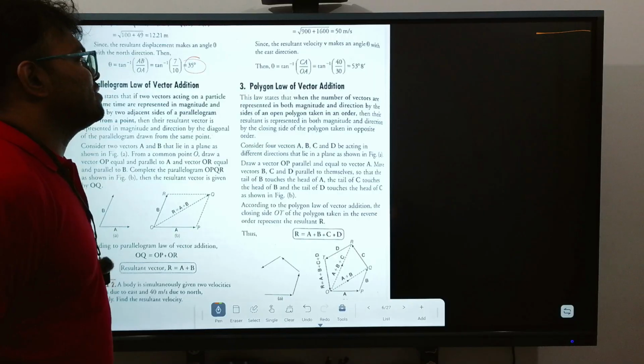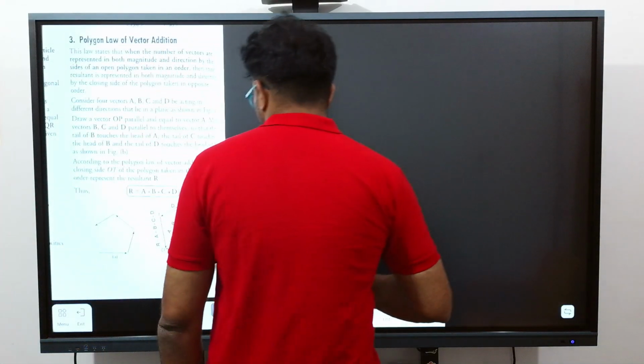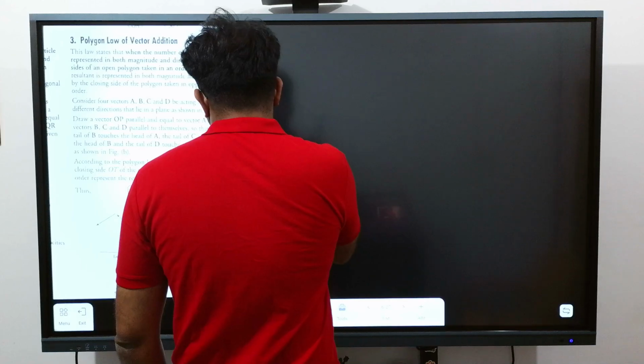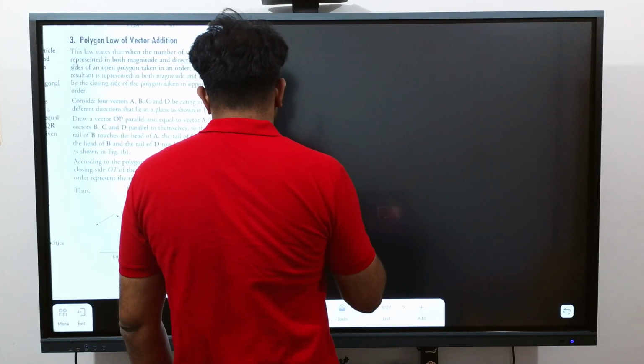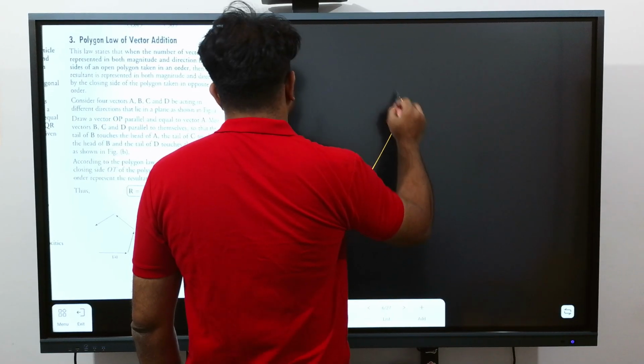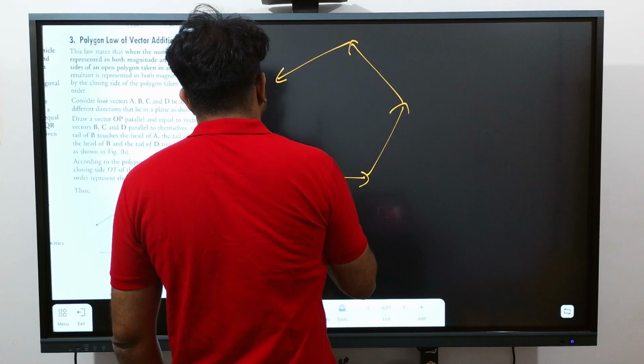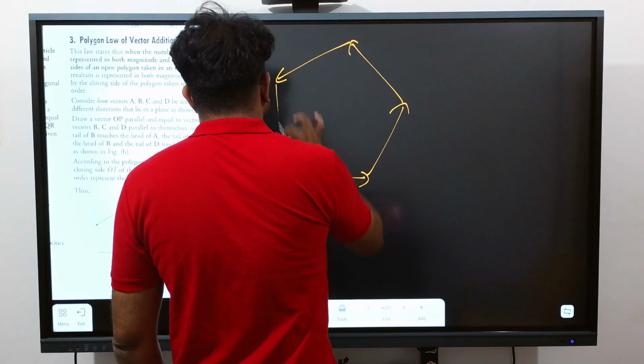Now, this law states that polygon law of vector addition. How do you do a polygon law of vector addition? For example, Drupad, look at this. You have a vector like this, you have a vector like this, you have a vector like this, you have a vector like this, and then you have a vector like this.